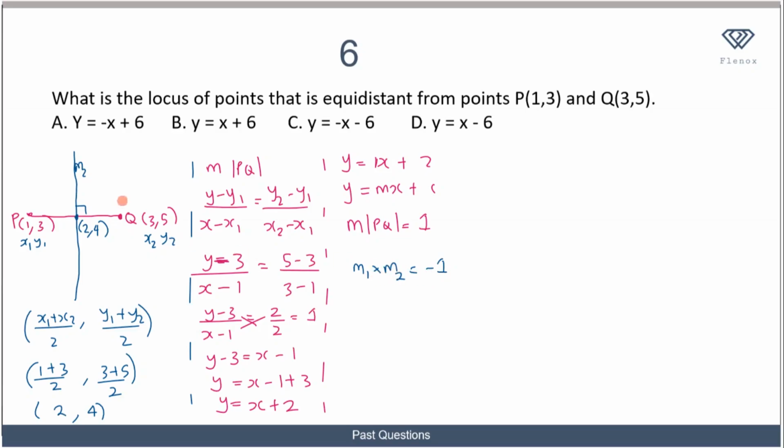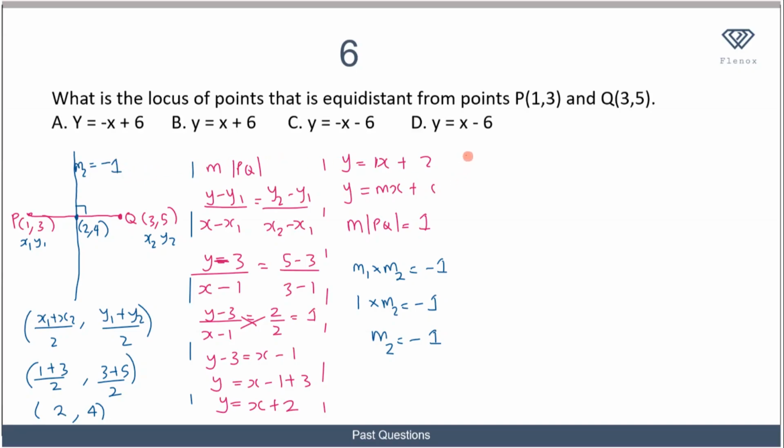Now M2 is what I'm looking for, the slope of this line, but I know the slope of the line that is perpendicular to it, PQ, which is given as 1. So I can write 1 times M2 is equal to minus 1. So M2 is equal to minus 1. So the slope of this line over here is equal to what? Minus 1. So now I know one point on that line as 2, 4, and I know the gradient of the line as minus 1.